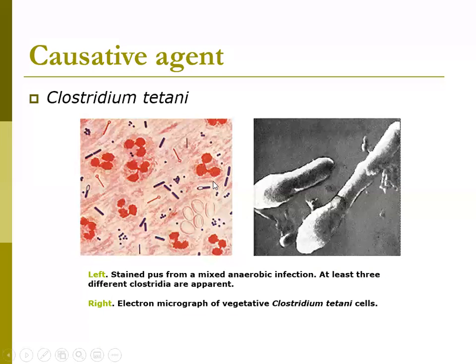This one, this one, this one. On your right side, this is an electron micrograph of vegetative Clostridium tetani cells. You can see that these cells are going towards spore formation. So the causative agent for tetanus is Clostridium tetani.